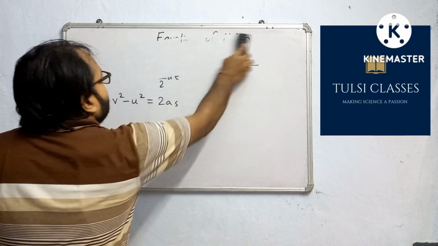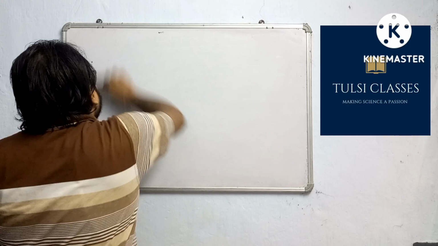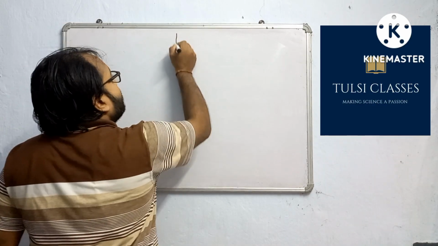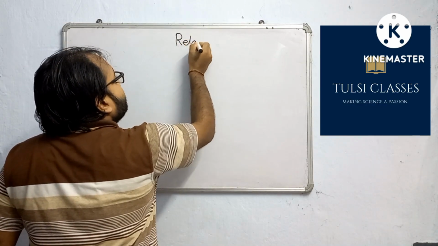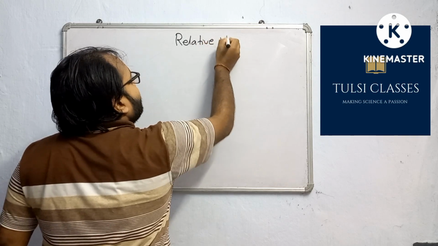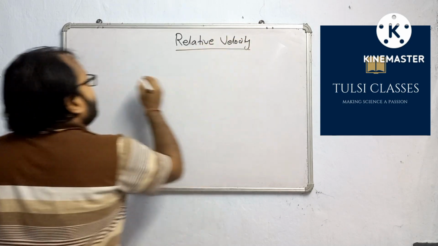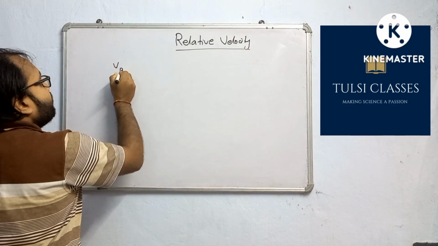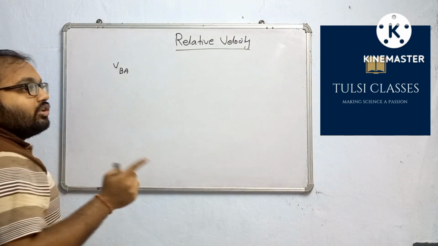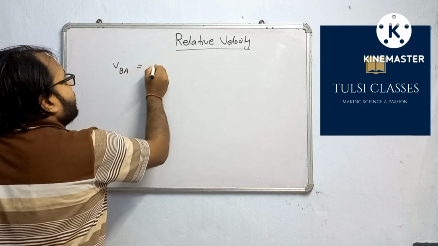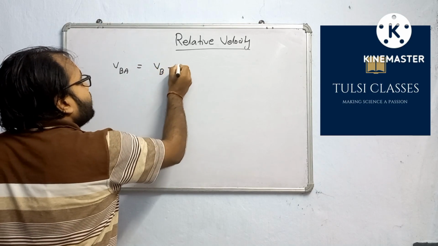Now we will talk about relative velocity. If we write V_BA, this means velocity of B with respect to A is equal to V_B minus V_A.